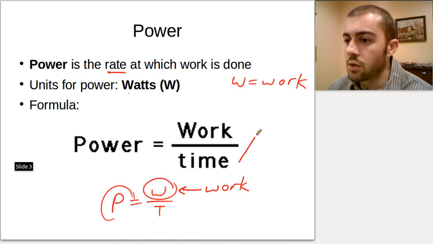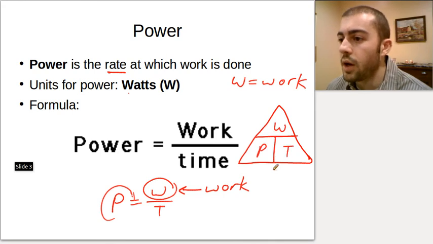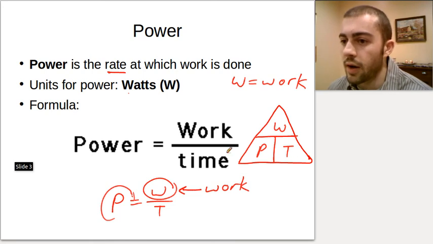We can actually use the same triangle that we used for the density formula and adapt it for the power formula. Right, so we can say power equals work over time here. And again, whatever you want to find, just cover it up and do what the triangle shows you to do. So if we want to find power, obviously we divide work and time. So if we look at the triangle, that agrees, right?